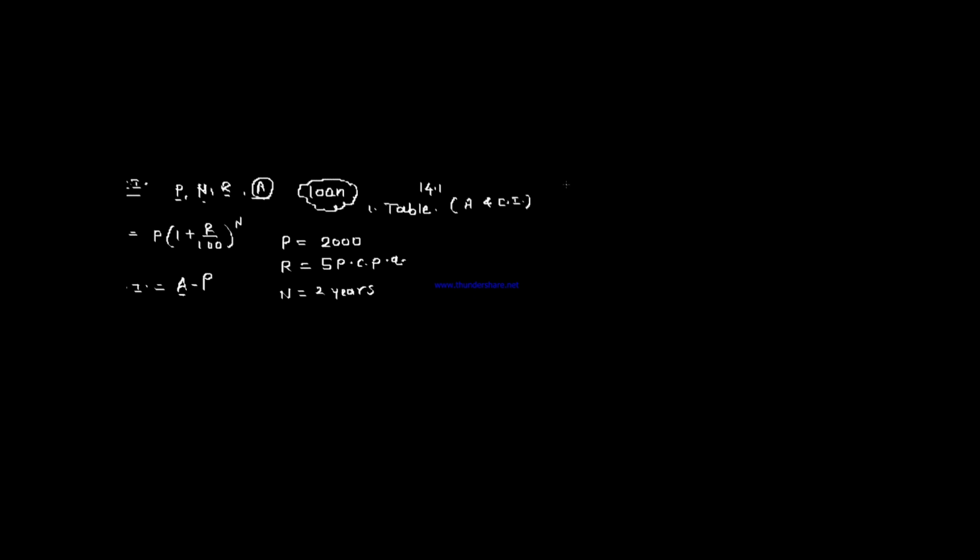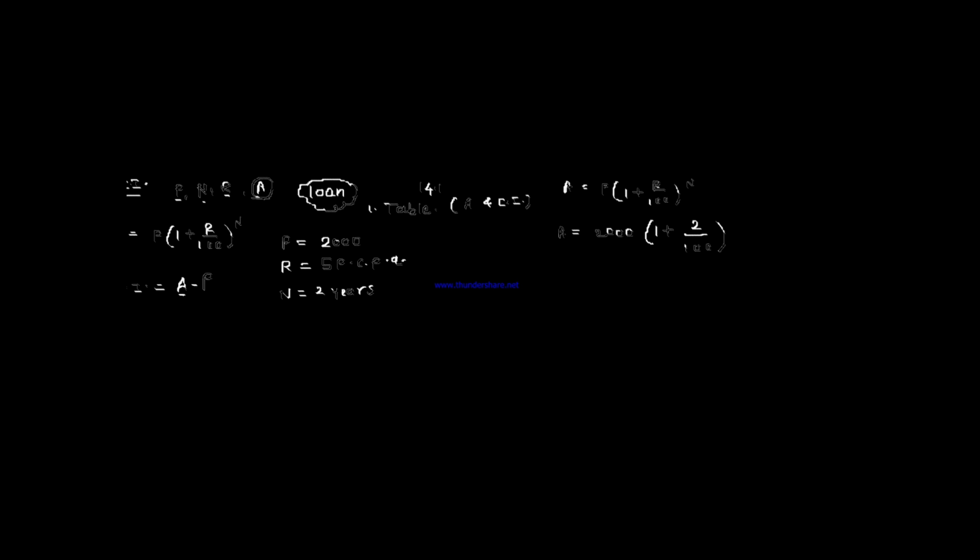I'm starting from here. A is equal to P (1 plus R upon 100) raised to N. So here, to find A, P is 2,000, the R is 5 and the N is 2.